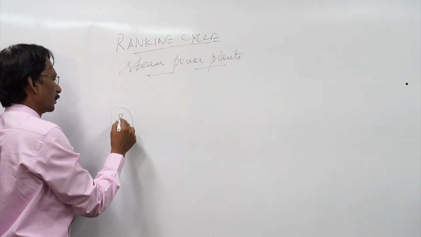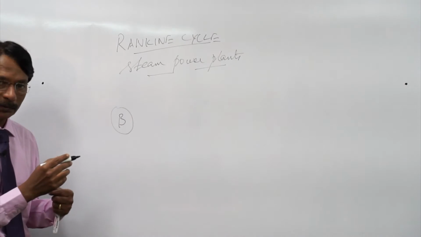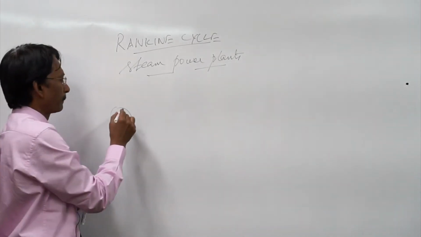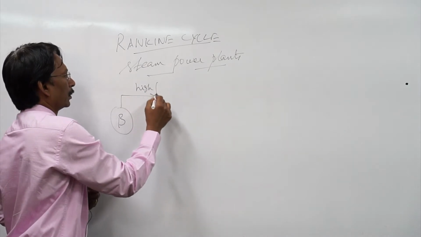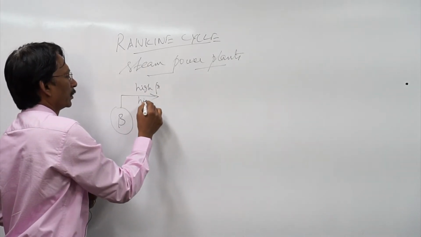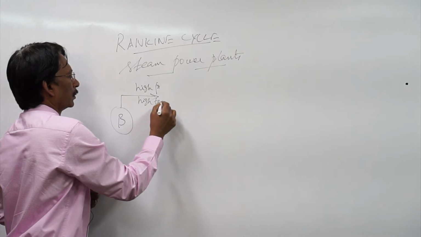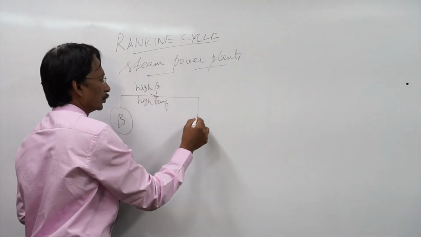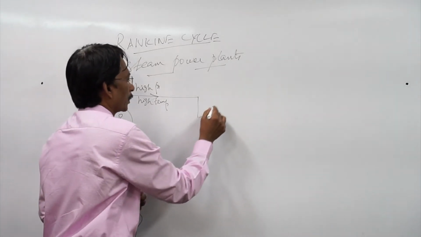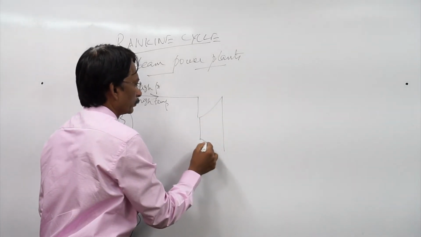There is steam which is generated by the boiler, high pressure, high temperature steam which goes to the turbine, the steam turbine.